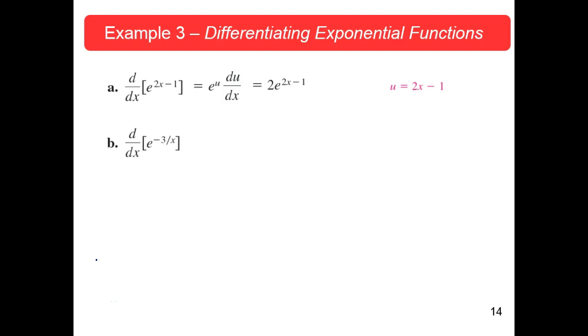d/dx of e to the minus 3 over x. What would that be? Anybody? Certainly it would be e to the minus 3 over x, times the derivative of minus 3 over x, right?